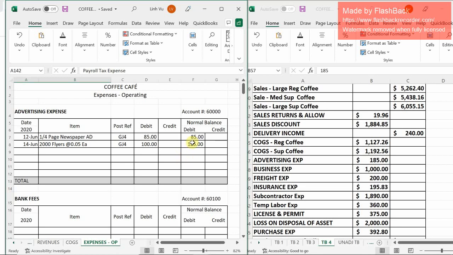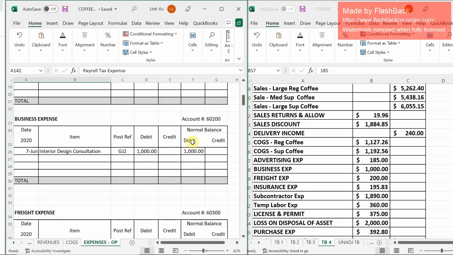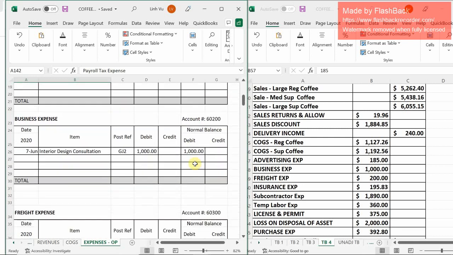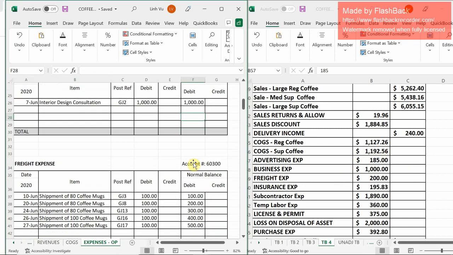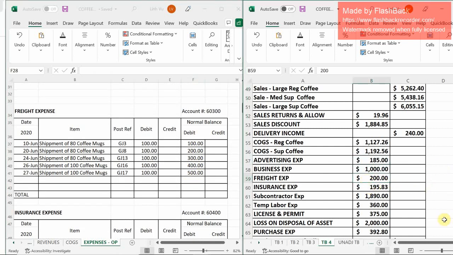Okay. We have no bank fees, but we do still have that $1,000 business expense. Okay. We have freight expense. Oh, freight expense has increased from $200 to $500. Okay.